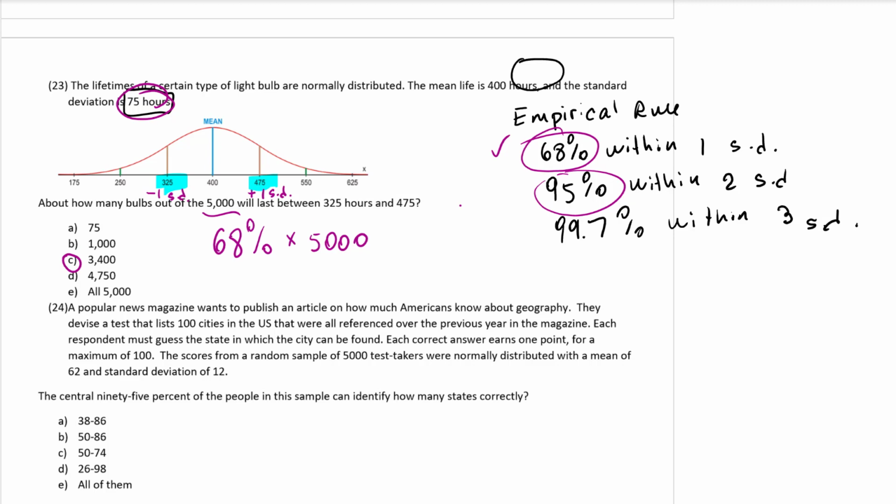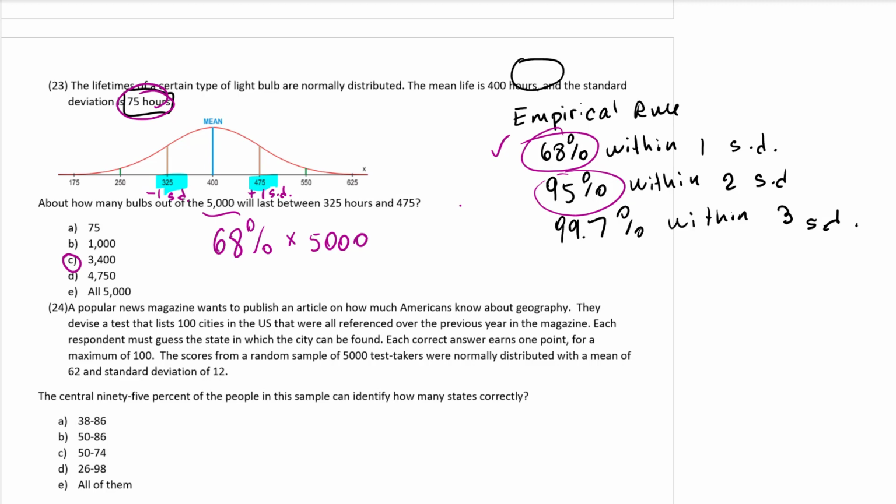It's a lot to read, but do not get thrown off by that, okay? A popular news magazine wants to publish an article on how much Americans know about geography. They devised a test that lists 100 cities in the U.S. that were referenced over the previous year. Each respondent must guess the state in which the city can be found.